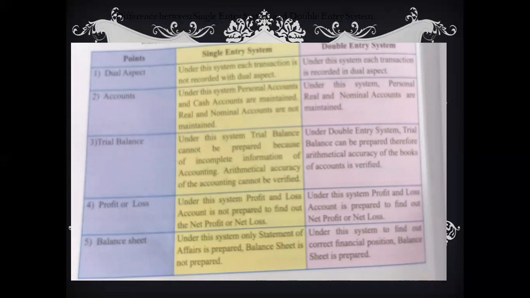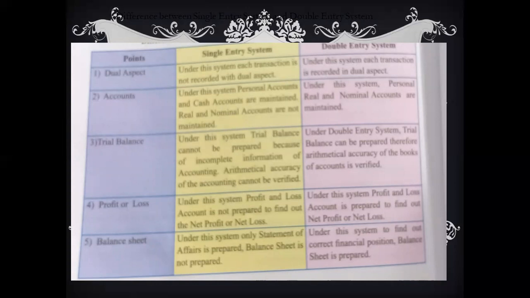Accounts: in single entry, personal accounts and cash accounts are maintained; real and nominal accounts are not maintained. In double entry system, personal, real and nominal, all three accounts are maintained.